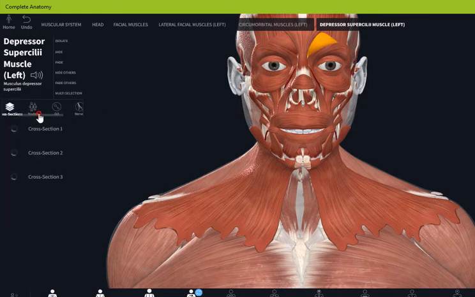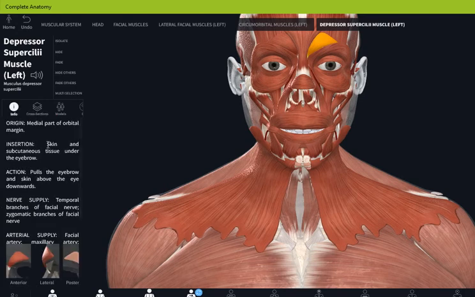So we have here the information on the origin and the insertion. The origin is the medial part of the orbital margin. So at the medial part of the orbital margin, you have the depressor supercilii. The action is to pull the eyebrow and skin downward as such in the frowning direction, and the skin and subcutaneous tissue under the eyebrow.